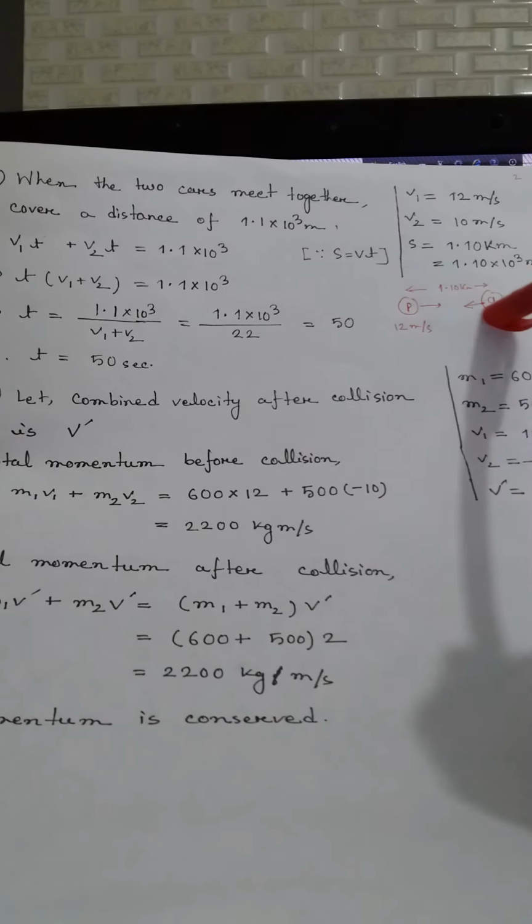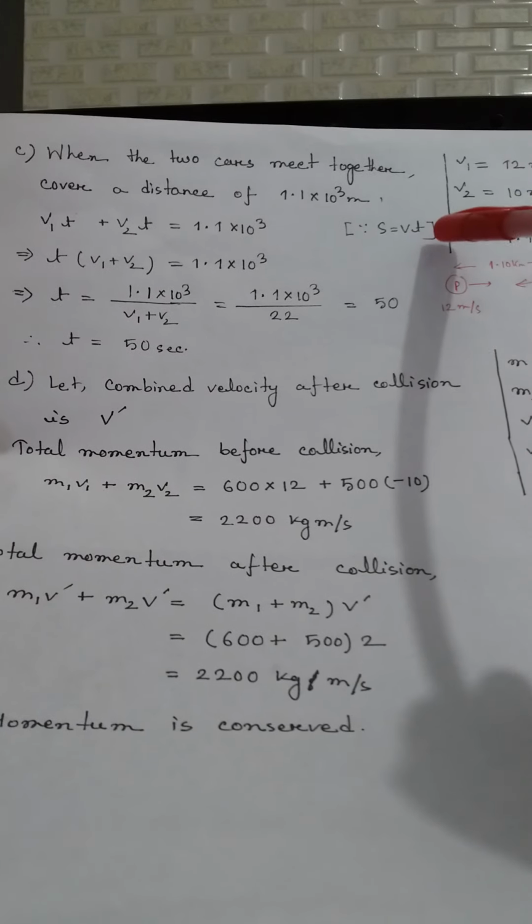For determining the time, we have to use the equation S equals VT, because here we have to relate distance with velocity and time. So this is our familiar equation, S equals VT.